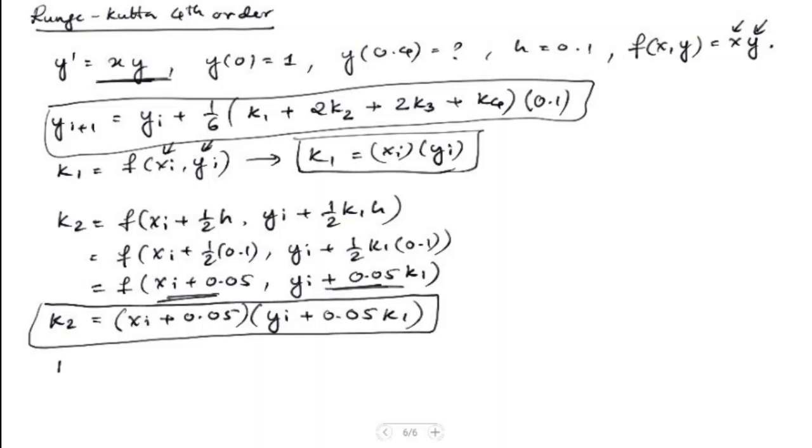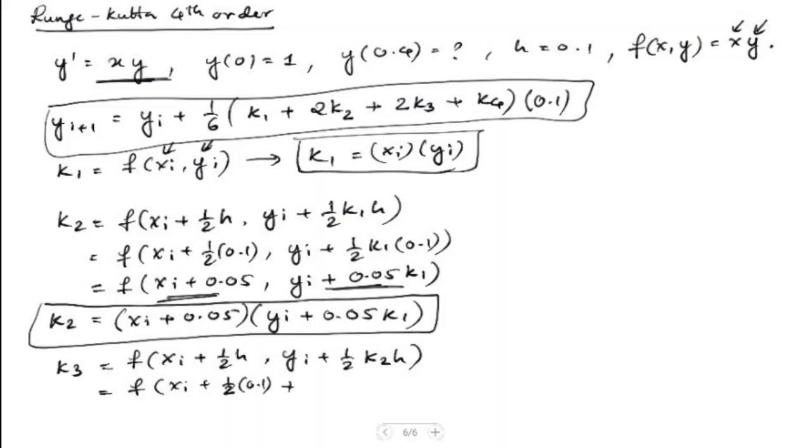And now for k3, it is the value of the function at xi plus 1/2 times h, comma, yi plus 1/2 times k2 times h. So if we replace the values, we'll have xi plus 1/2 times 0.1, comma, yi plus 1/2 times k2 times 0.1.